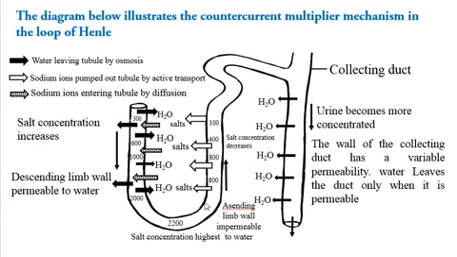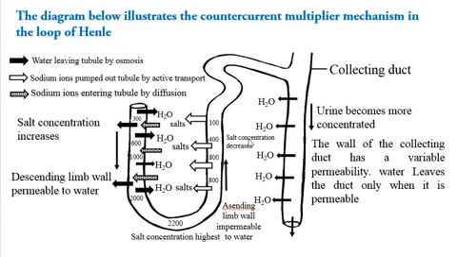Then, when the filtrate ascends the loop of Henle, as we have seen, ions are actively pumped out of the tubule, and this requires energy. The concentration of salts and ions continues to decrease because of their active secretion into the medulla.